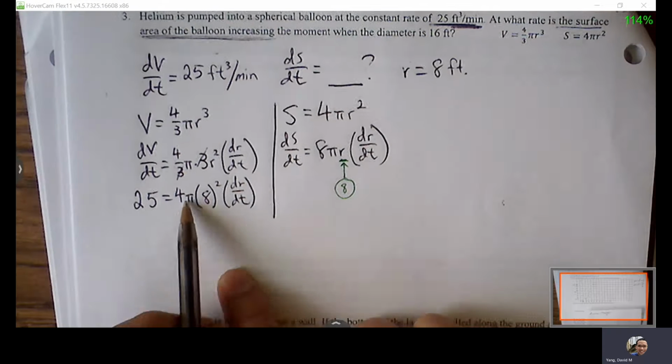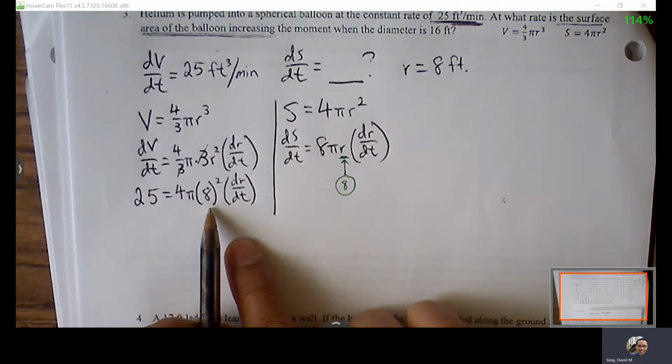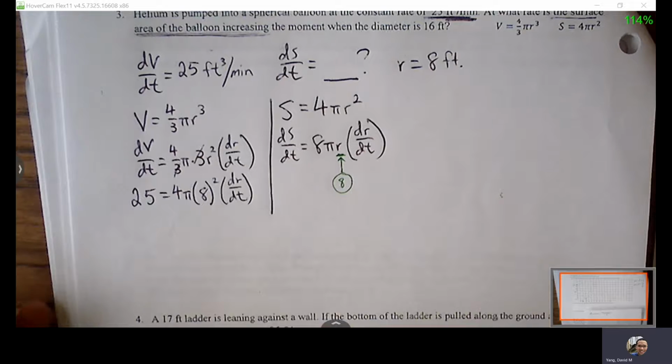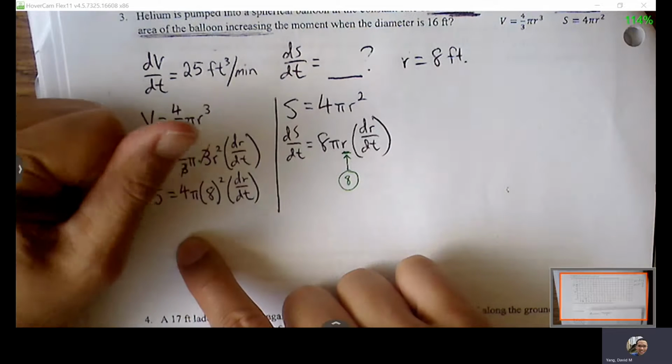Okay, let's see, 4 times 32, that's 64. I mean, more than that, right? Let's see. 256.